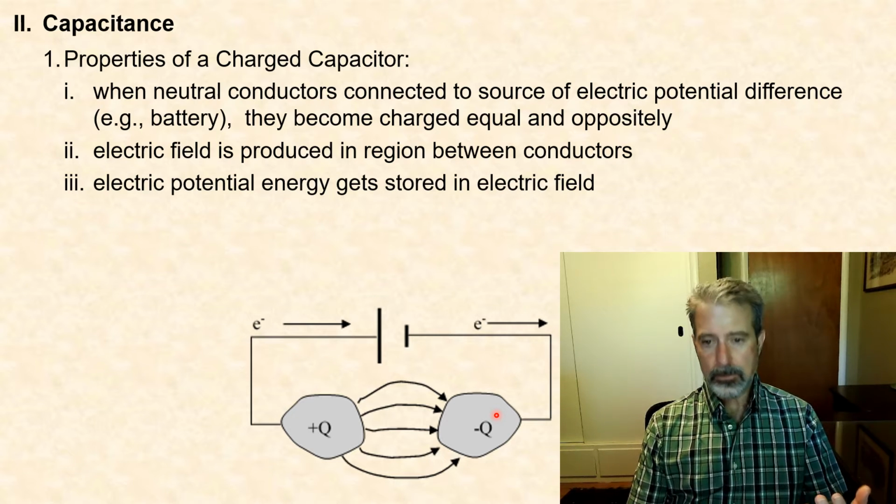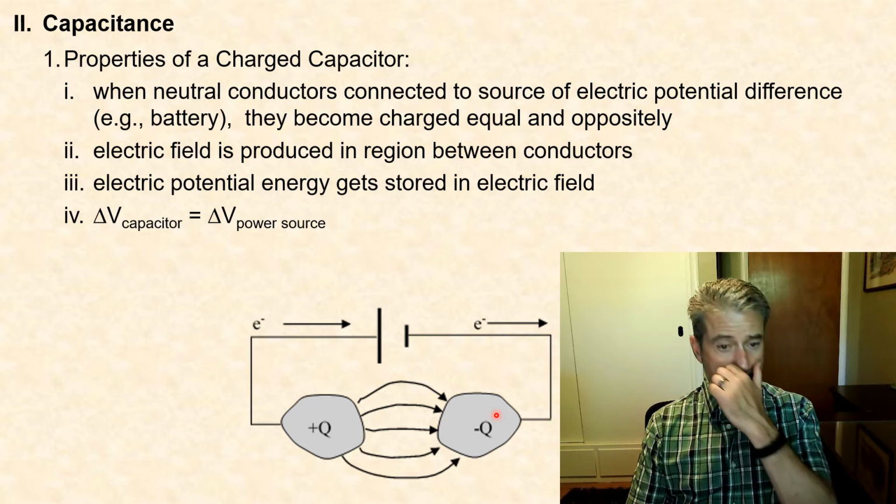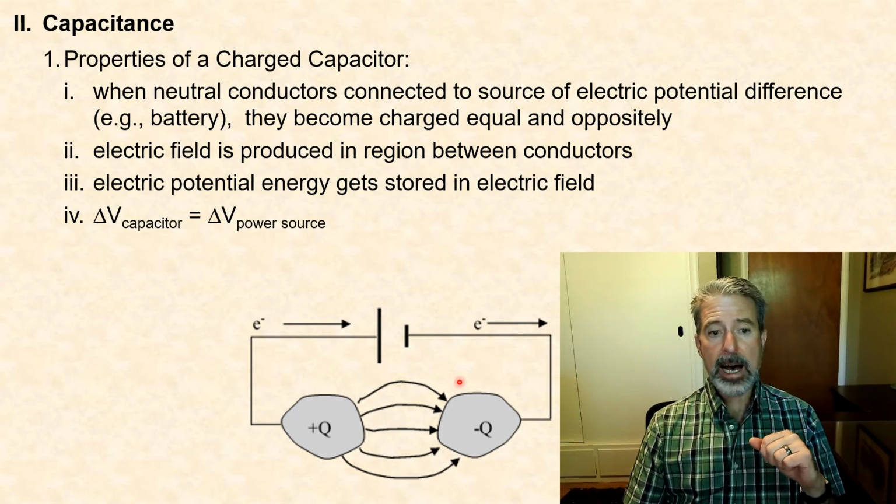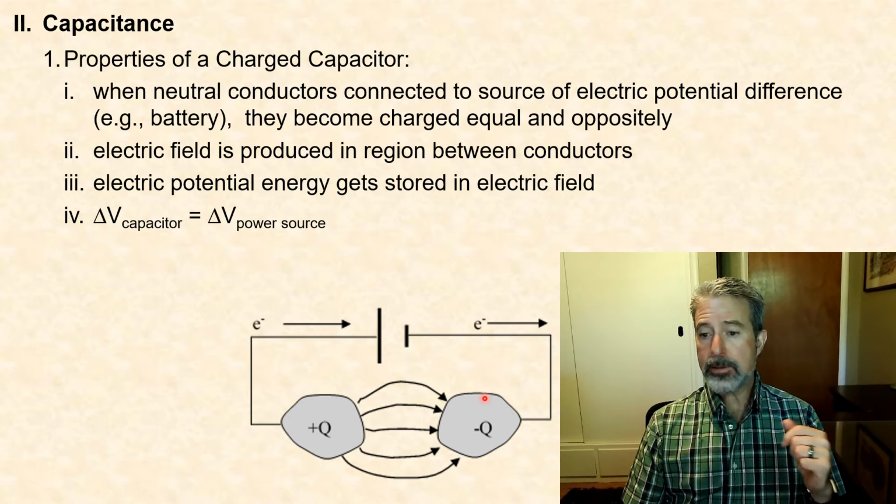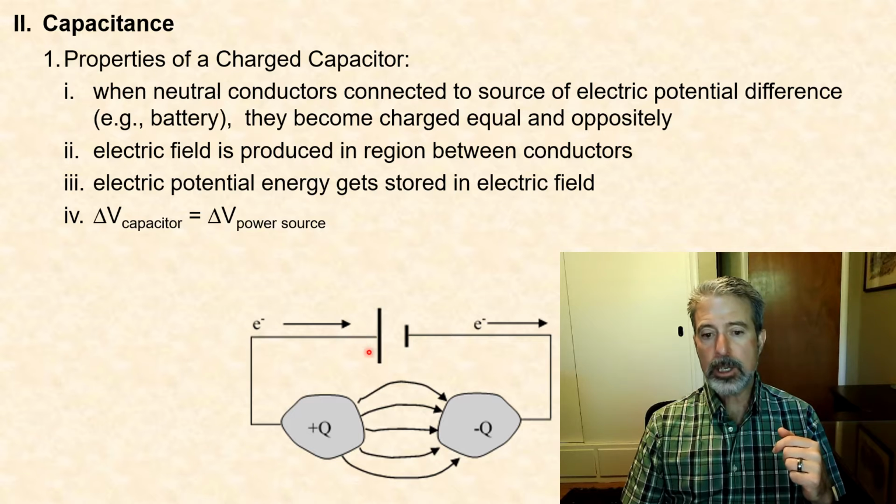All right, so we can say then that when we have our capacitor in its fully charged state, and I said this before, but we'll state it here, the potential difference provided by the source of power, like the battery, will exactly match the potential difference of the capacitor itself.